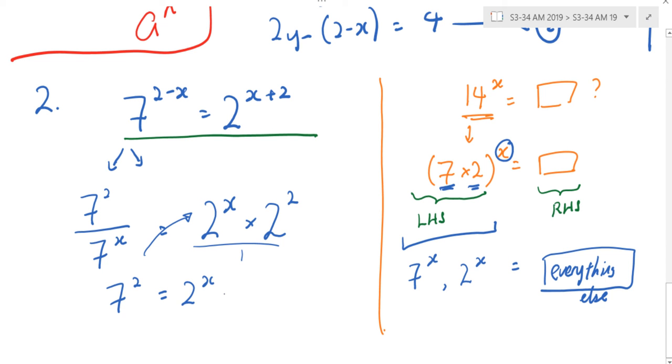So this one like thumbs up. Times 2 to the power of square times 7 to the power of x. Who don't know this step? Like who don't understand this step? Like bring over, like cross multiply. The 1 multiplied by 7 square still 7 square. So I don't put the 1.